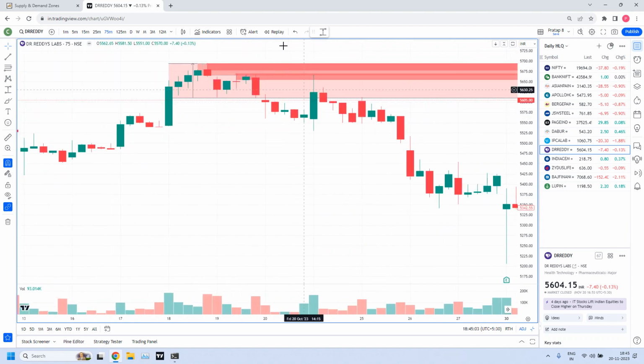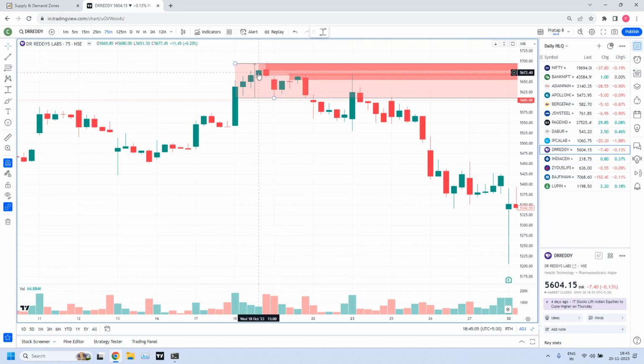We have a 75 minute zone here. Actually, you have to draw from here. Why I have gone deeper is just to minimize the risk. Otherwise, these 4 candles you have to consider.